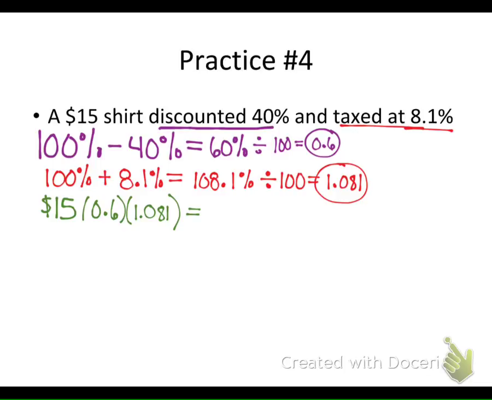Use your parentheses. Don't use a dot to show multiplication because that could be confused with a decimal. And that's going to get me what? 9.729 is what the calculator gives me.